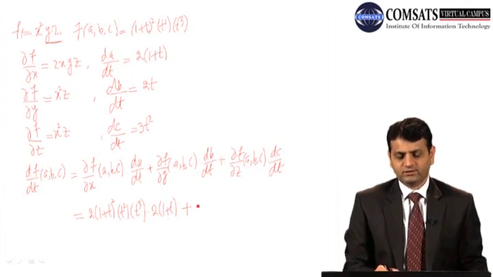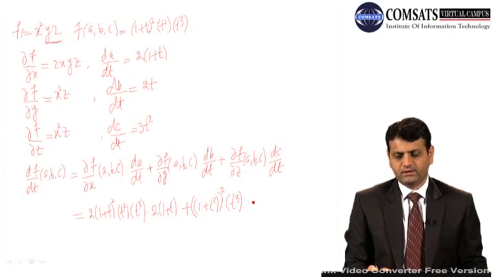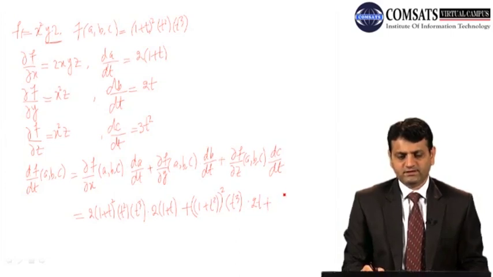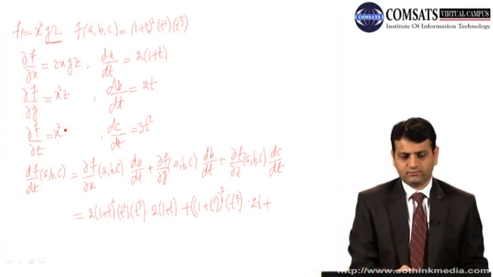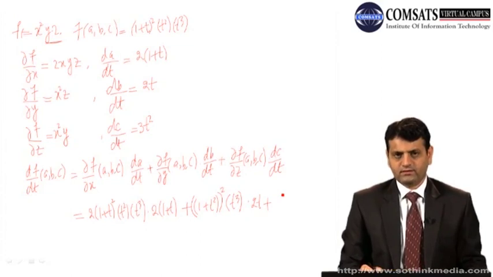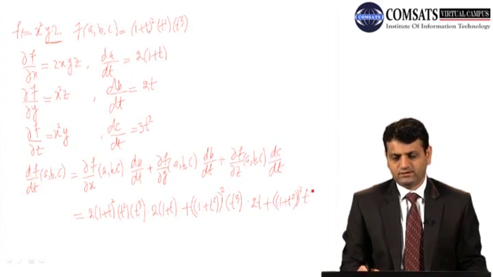It's basically x square, 1 plus t square whole square, and z, which is basically c, which is t cube, multiplied by dB by dt, which is just 2t, plus partial f by partial z, which is x square y, so it becomes 1 plus t whole square and t square multiplied by dC by dt, which is 3t square.